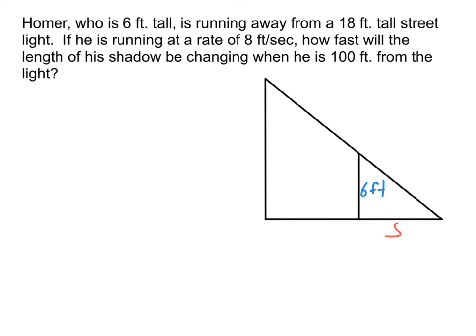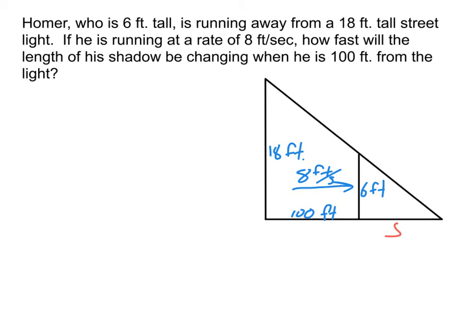I know the lamp is 18 feet tall. And he's running away at a rate of 8 feet per second. And I want to know how the length of his shadow is changing when he's 100 feet from the light. So this is 100 feet here.